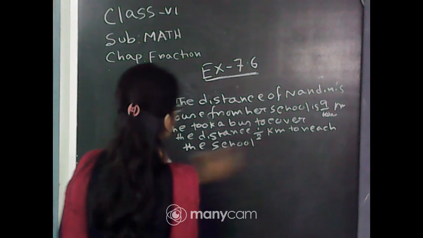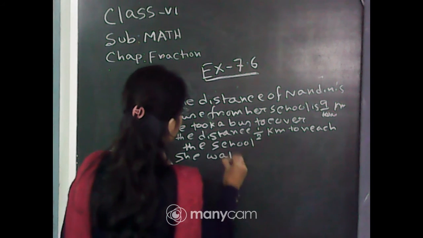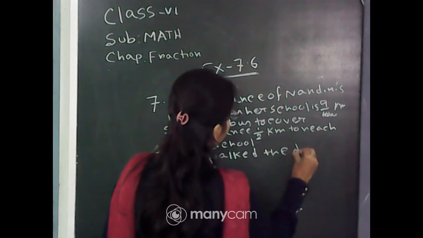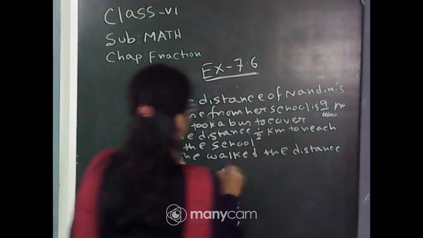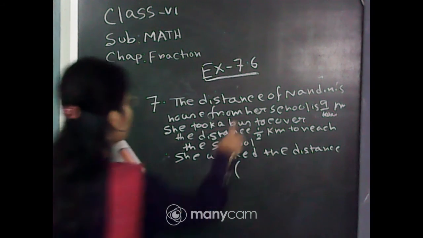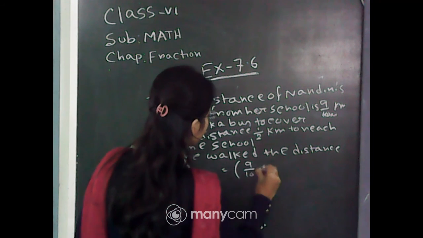Therefore, she walked the distance total distance minus half km, that is 9/10 minus half.